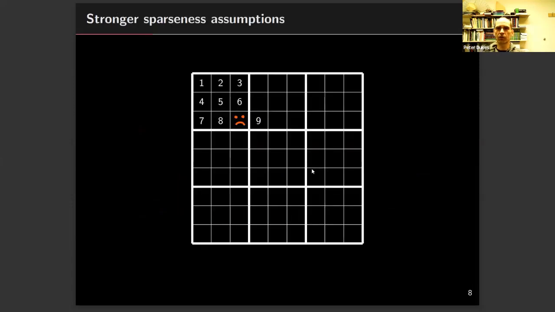So let's see some barriers for this problem. If a jerk gave you this puzzle here, of course you couldn't complete it, because you need to put the 9 in the first box there, and you can't because it's already somewhere else in the third row.